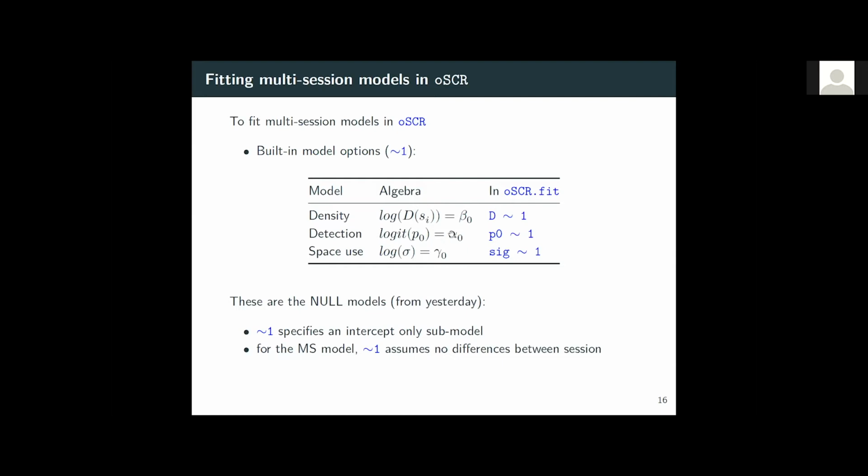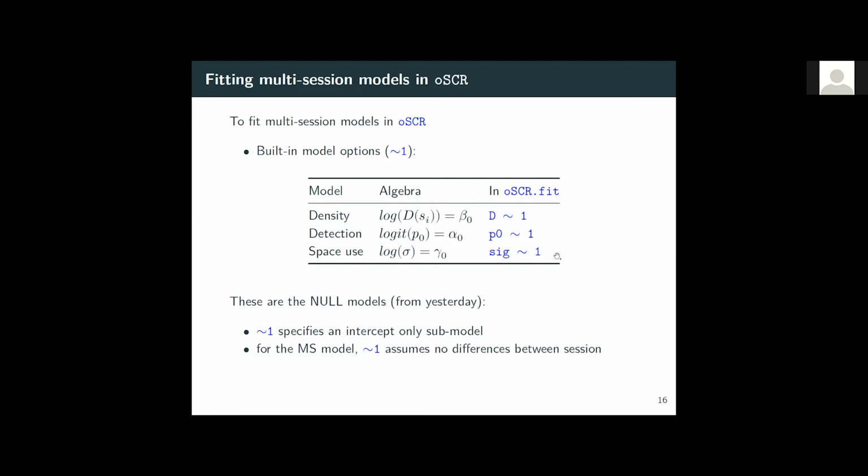And then we have the log linear model with only an intercept for sigma. That's because these two need to be non-negative, and detection probability needs to be bound between 0 and 1. So we use these link functions, and we have these intercept-only models. So we have no covariates here, so we don't have any slopes. And then the way we specify these models in oSCR is just like this. This is what we spoke about yesterday.